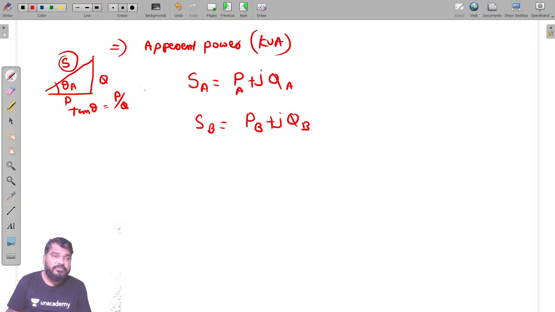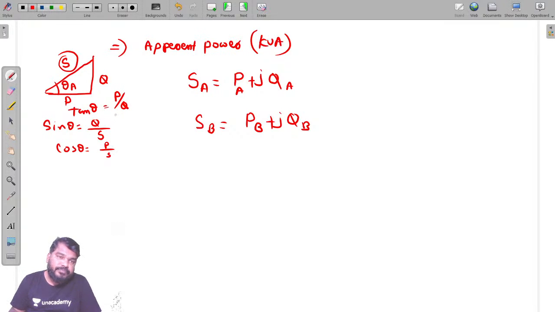Are you clear now? Sine theta is equal to Q by S, and cos theta is equal to P by S. From which we can write SA.